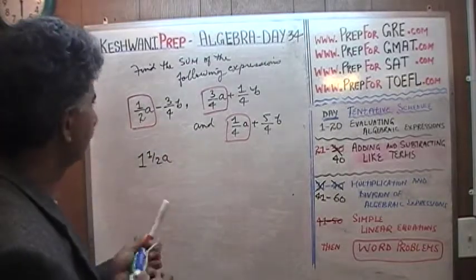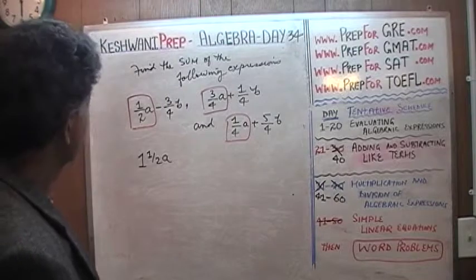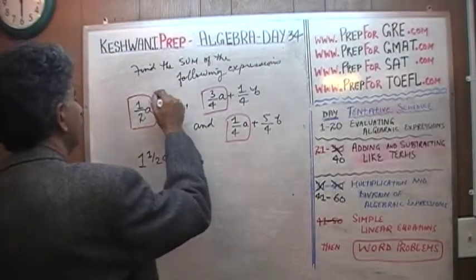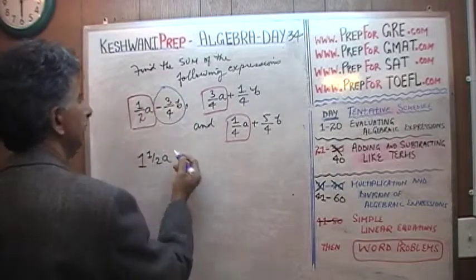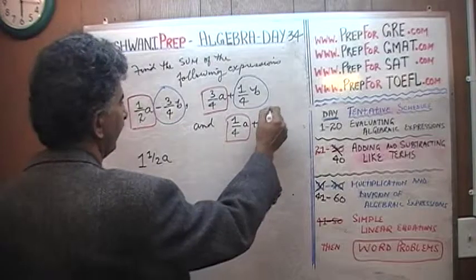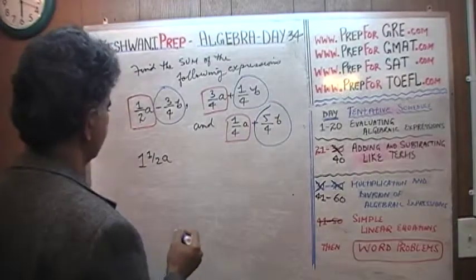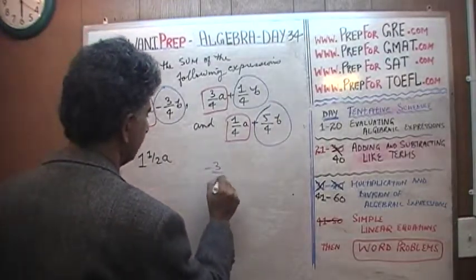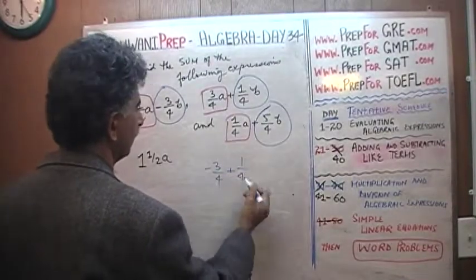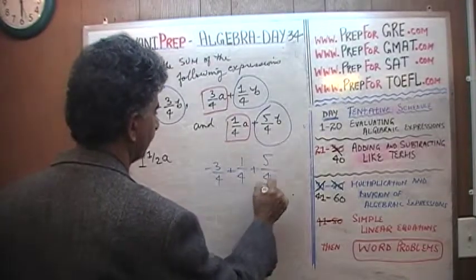Let's move on to b. We have negative 3/4 b here, 1/4 of a b here, and a 5/4 b here. A negative 3/4, a positive 1/4, and a 5/4.